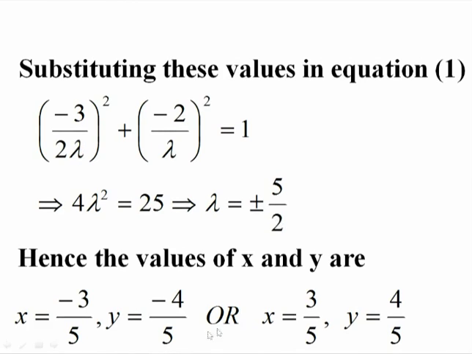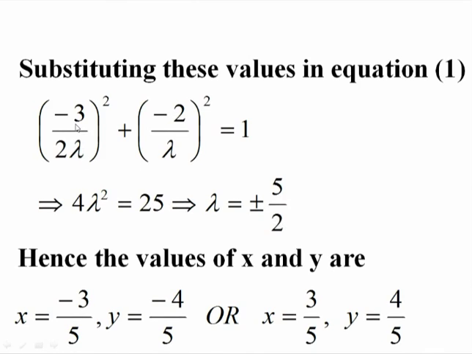We can simplify this and get 4 lambda square is equal to 25. See, this is 9 upon 4 lambda square plus 4 upon lambda square. So 4 is the LCM, so 4 will be multiplied here.